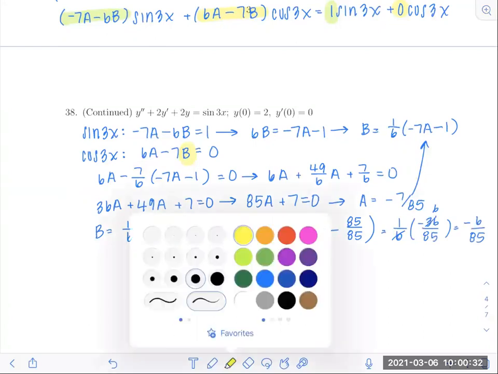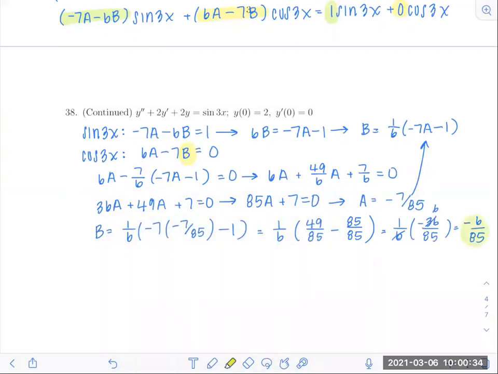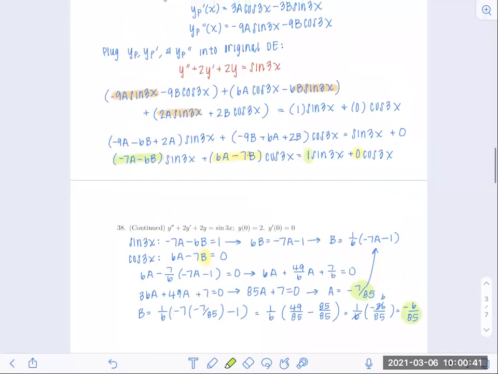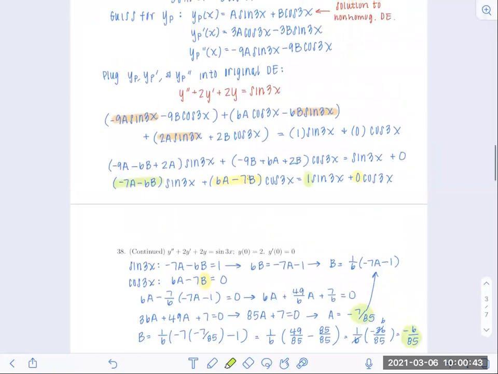All right, so let's highlight those. Here's b, here's a, and then I'm going to zoom out here for a moment. I need to go way back up here. I want to take those values and go all the way back up to where I had my original guess for YP. In particular, I'm plugging in for A and B right here.